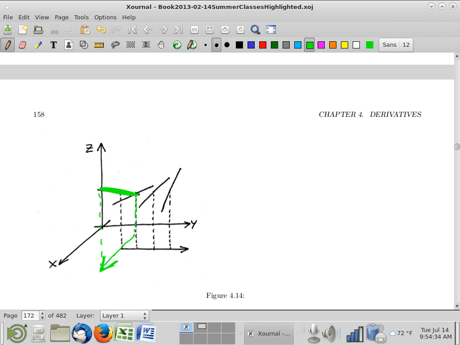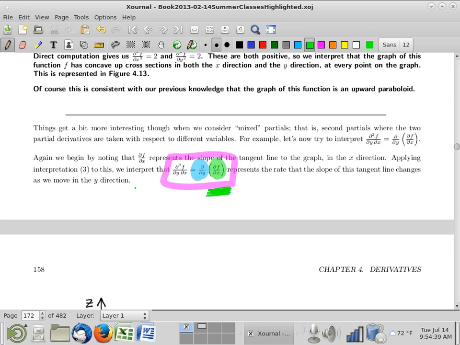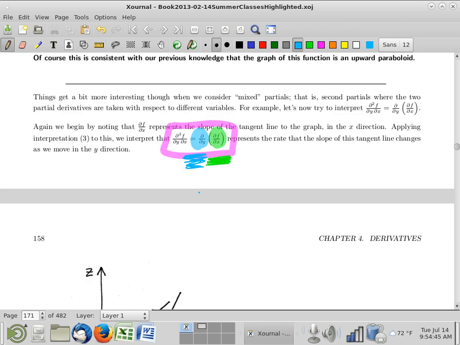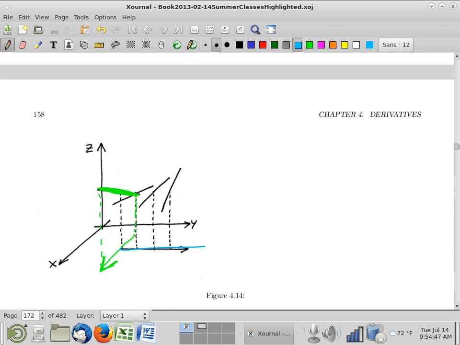As we move in the x direction, there's sort of a tangent line. What we want to know here is, as we move in the y direction, how do those slopes change? So I want to know, as I move that way, how do these x slopes change?